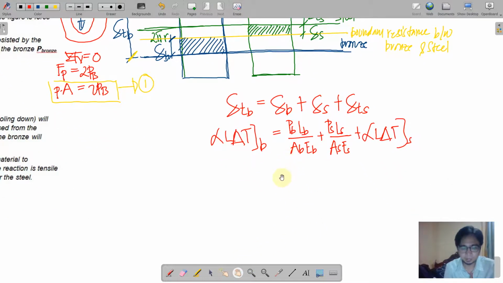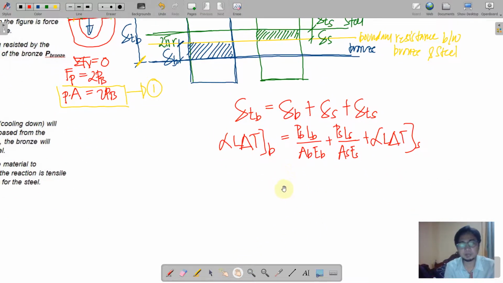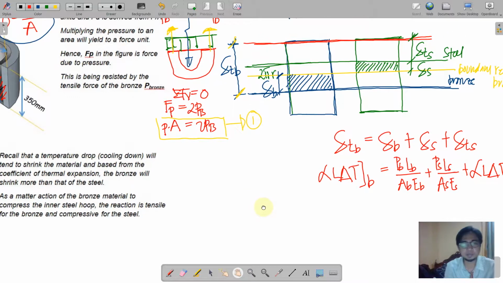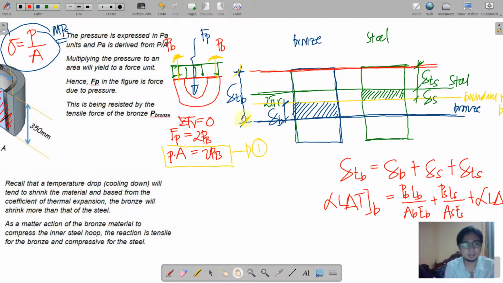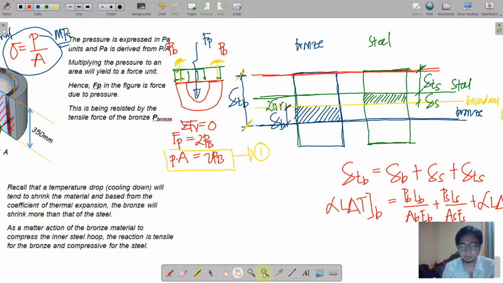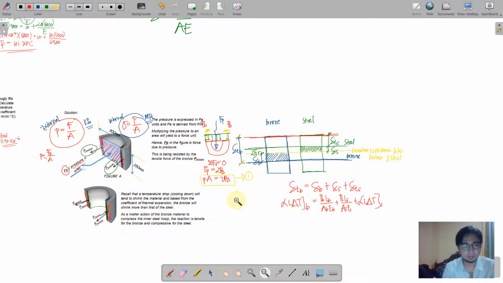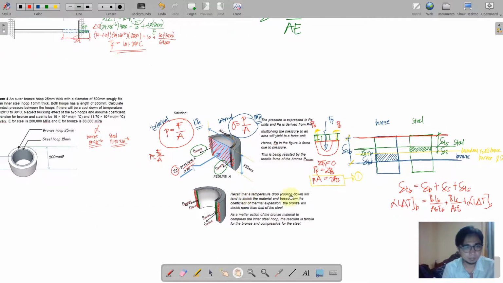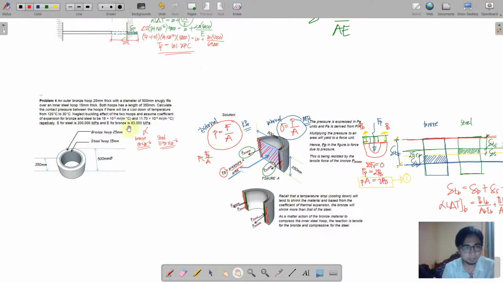Okay, expanding it further, the alpha, or the coefficient of thermal expansion for the bronze, is given, okay, ilan yun? We have, so I'll just carry this one.